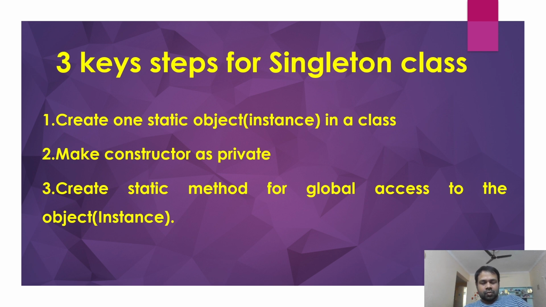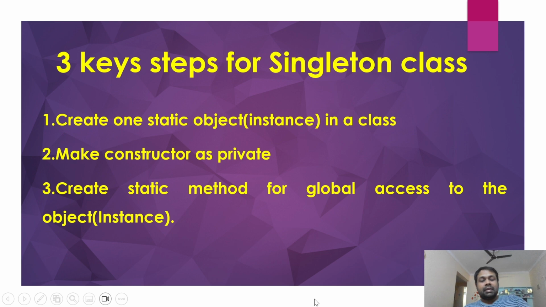But for making a class a singleton class, the second most important step is to make that constructor private, so that other objects cannot be created. And the third one: create a static method for global access to the instance. One static method will be created which returns the object of this class, which can have access to that single object.